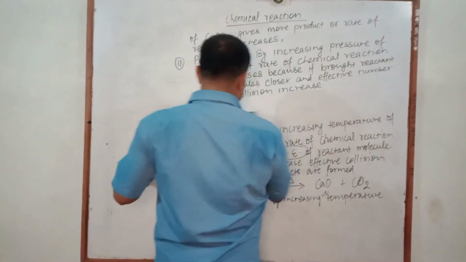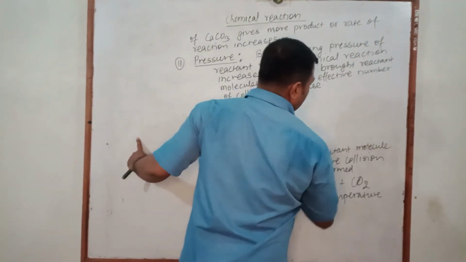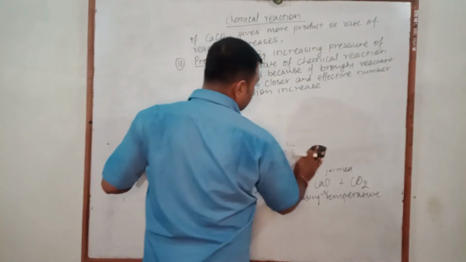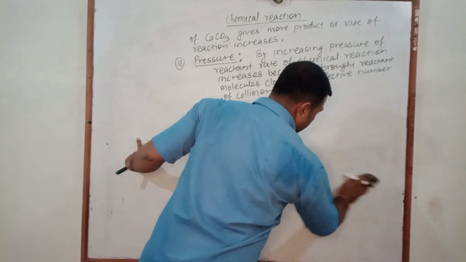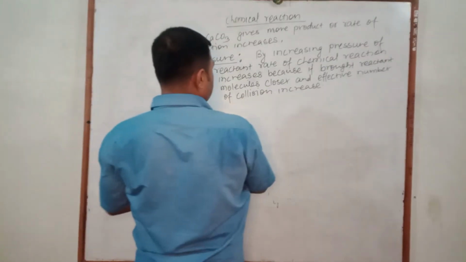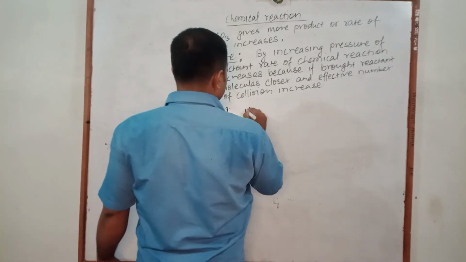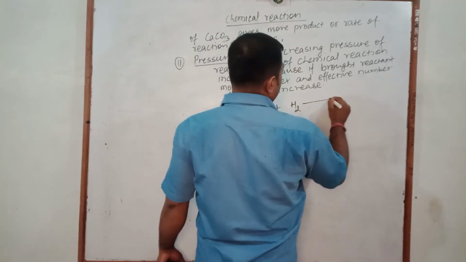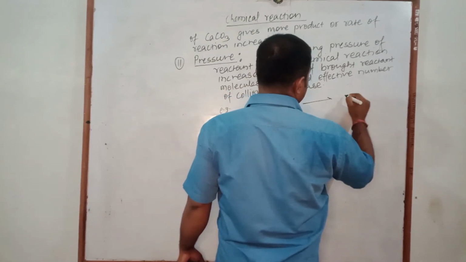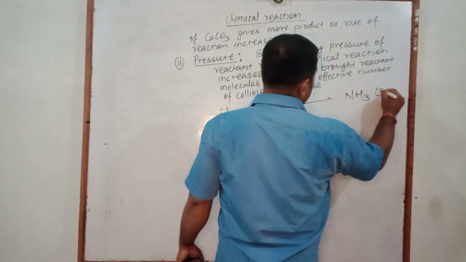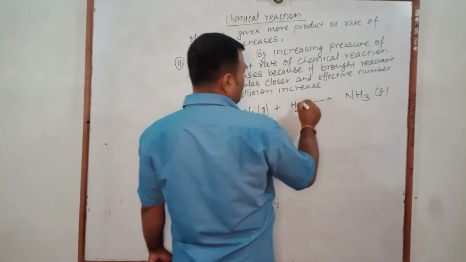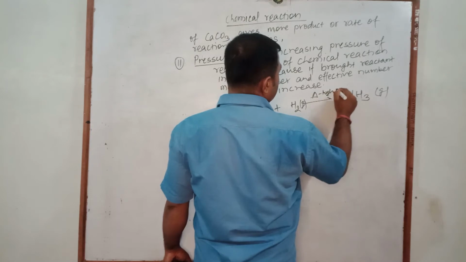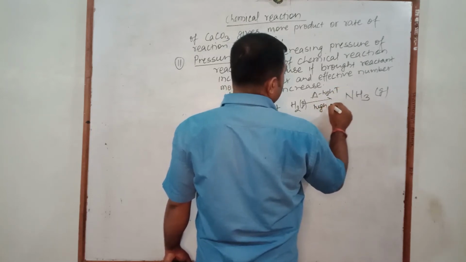For example, when nitrogen combines with hydrogen, it gives ammonia gas. Nitrogen gas, N2, and hydrogen gas, H2, react to give ammonia, which is also a gas. That reaction only takes place at high temperature and high pressure.